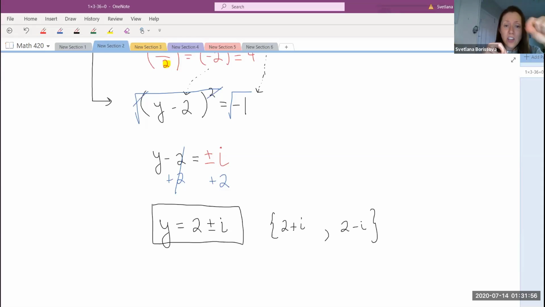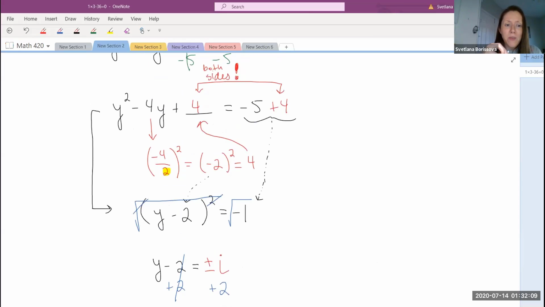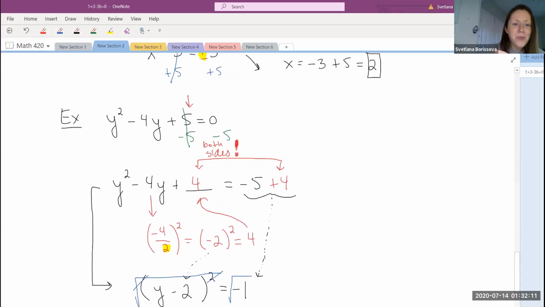If we take each solution, one at a time, and plug it into the equation, then it should satisfy our equation. So if I take 2 plus I, let's say the first solution, and plug that into my equation for y, I'm not going to do that, I just want to explain the idea.